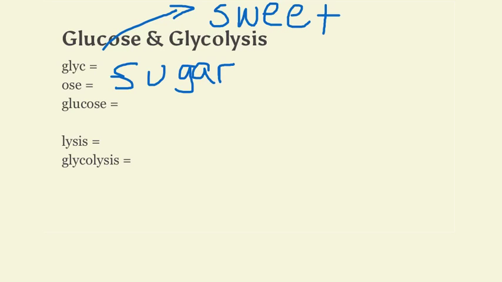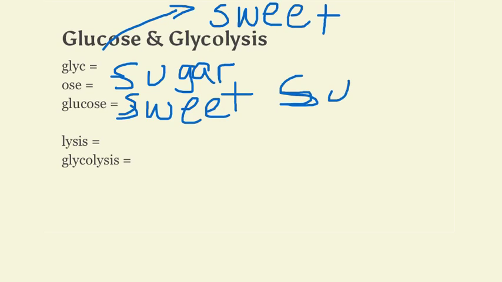So when you have the word glucose, it actually translates to sweet sugar. Now, for most of us, when we think of sugar, we think that sugar is sweet, but in chemistry, not all sugars are sweet. So it's not redundant to say sweet sugar.